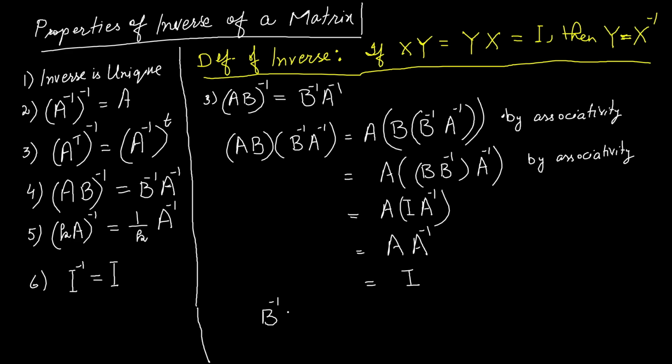On the same lines, we can verify that B inverse into A inverse into AB is equal to the identity matrix. Now we have verified this.